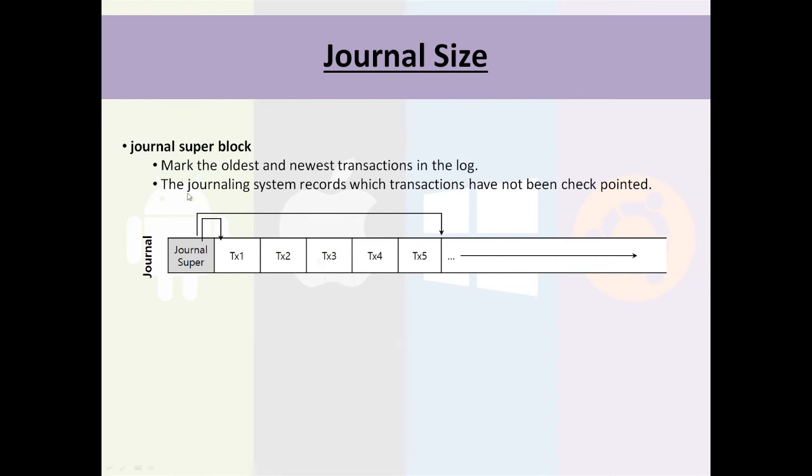So the journaling system records which transactions have not been checkpointed, and that is how this circular structure works, by having it point to the oldest, the oldest would be here, and then the newest would be here, and keeps track of that.